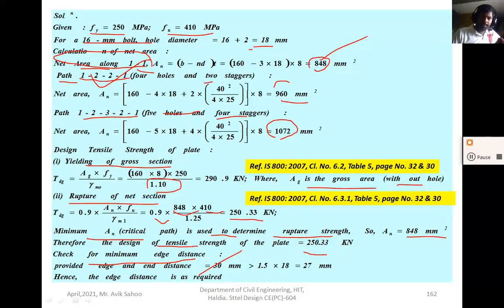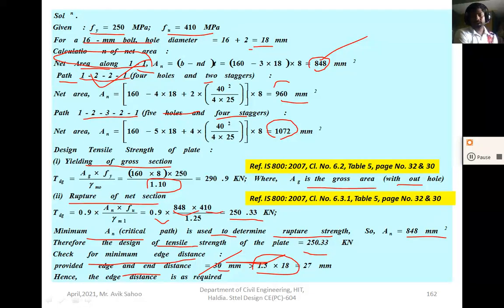Now the check for minimum edge distance. So provided edge and end distance is 30 mm, which is more than 1.5 times 18. Okay, so again this is given. So you see the bolting connection, the lectures I have already uploaded on YouTube.